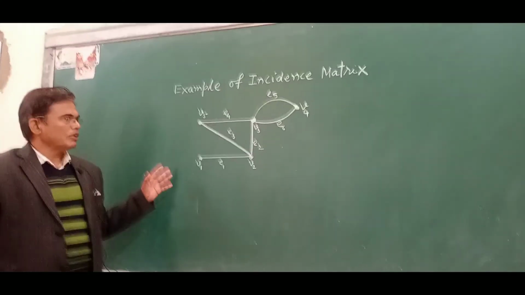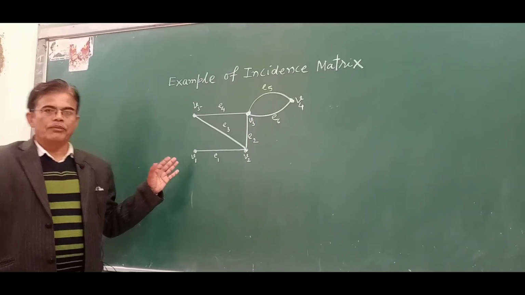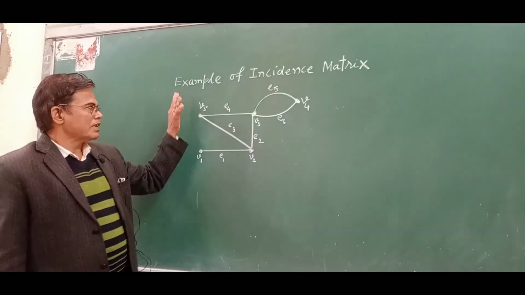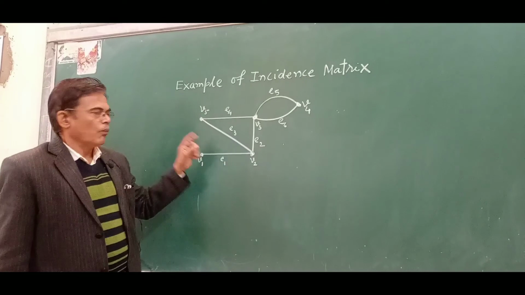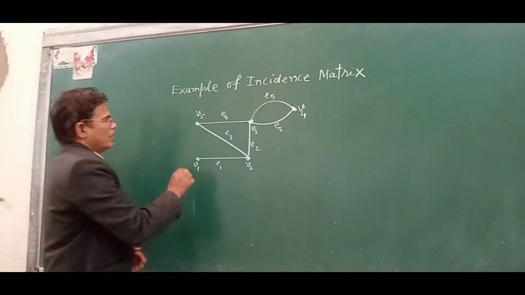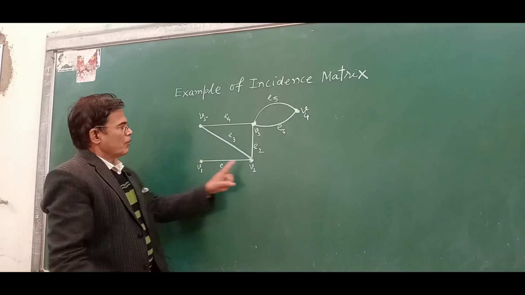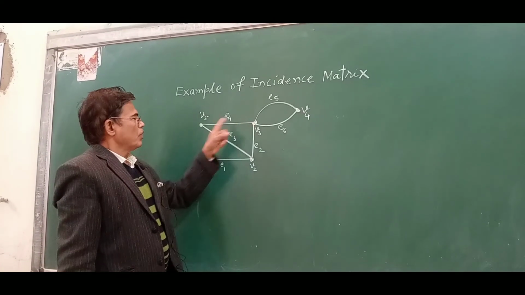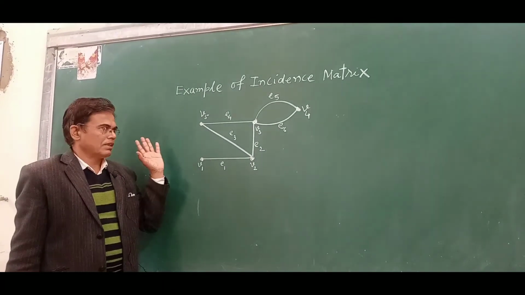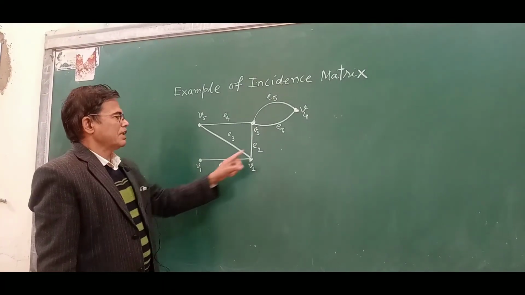I am going to explain an example of the incidence matrix. As we know, incidence matrix means vertex edge matrix. So this is a graph, with V1, V2, V3, V4, V5. There are 5 vertices and 6 edges.